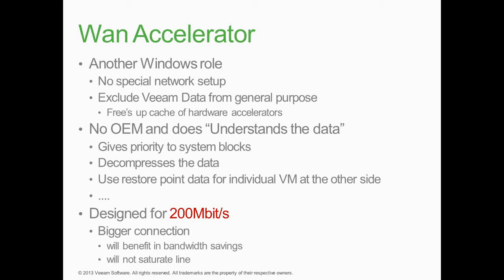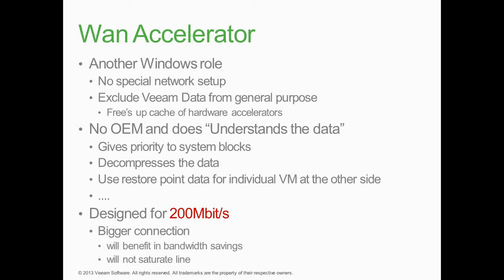Now, to enable acceleration and deduplication technologies, you must deploy at least a pair of WAN accelerators in your backup infrastructure. So one WAN accelerator running at my source site, which is close to my source backup repository, and the other one deployed on the target side, which is again close to the target backup repository.